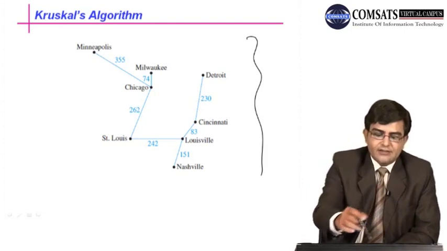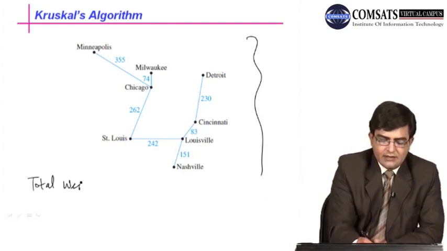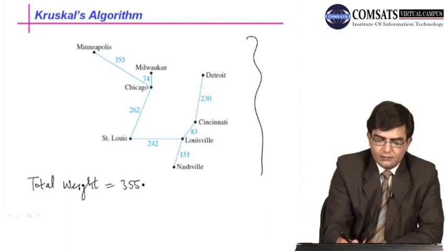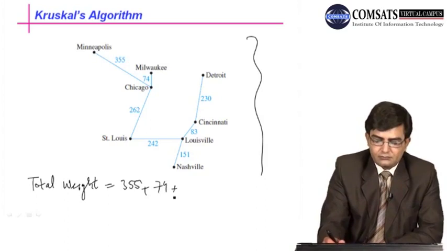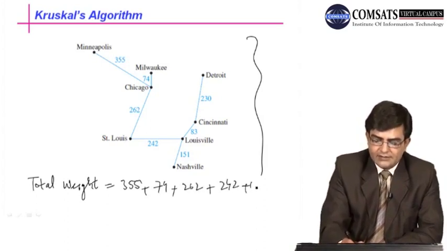And if we sum up all the weights, the total weight is basically the sum of 355 plus 74 plus 262 plus 242 plus 155 plus 83 plus 230.